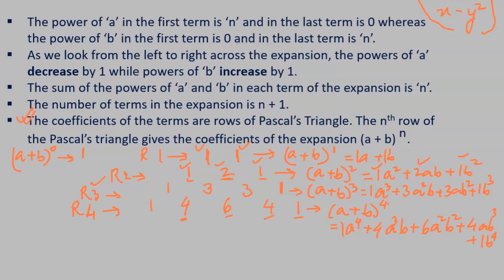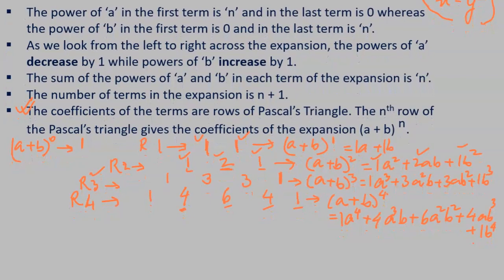Now coming to the proving part. I start with a plus b whole to the power of 3. So a plus b whole to the power of 3 is equal to a plus b times a plus b whole square.